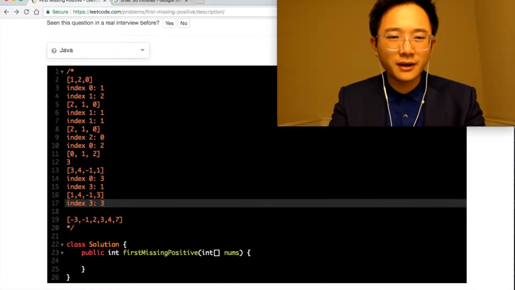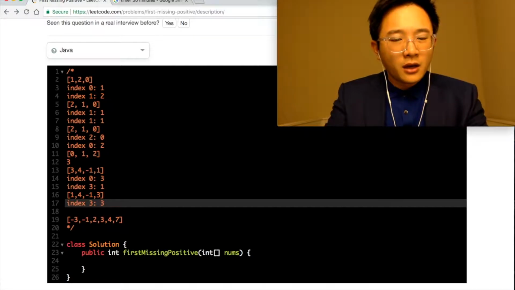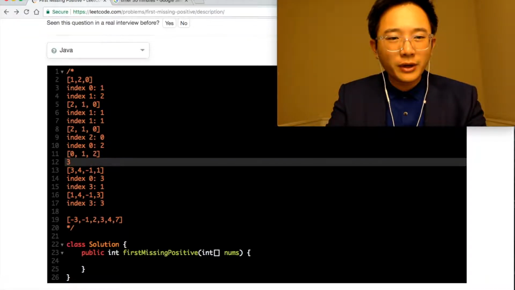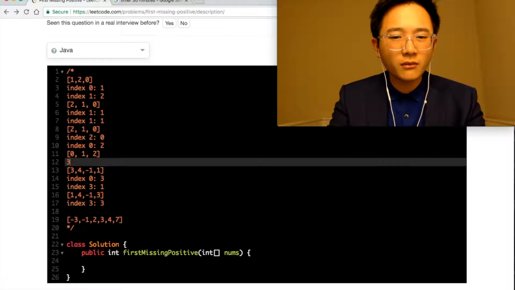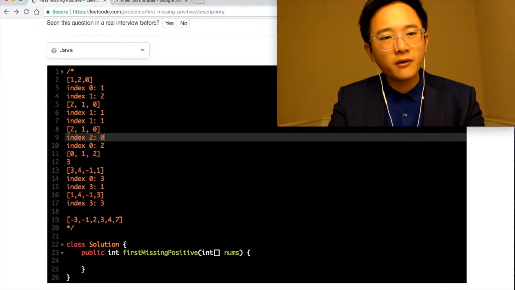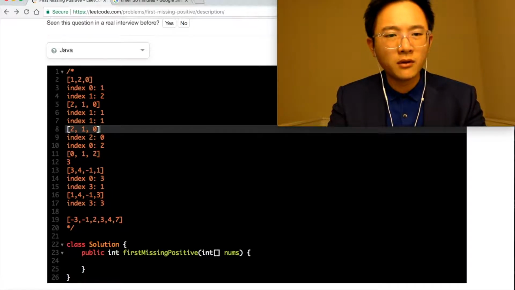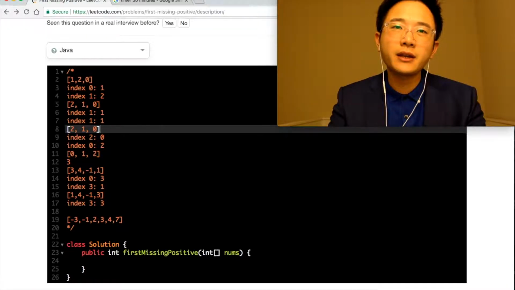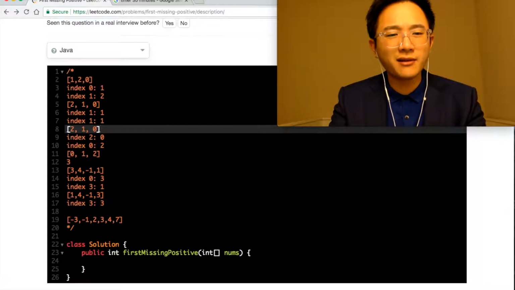So if we want to start from 1, so I think after swapping, we need to iterate the array from 0 and then I think I should subtract 1. The first missing integer. So I think I should subtract 1 or add 1, right?